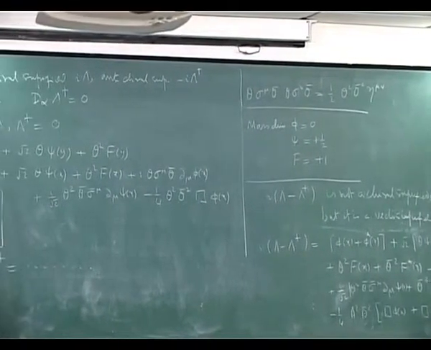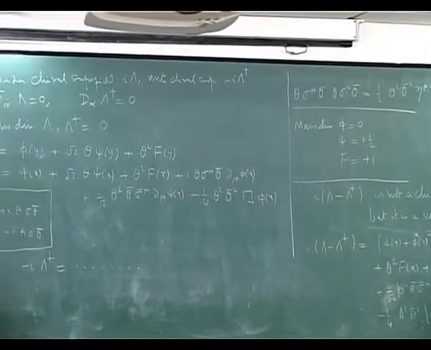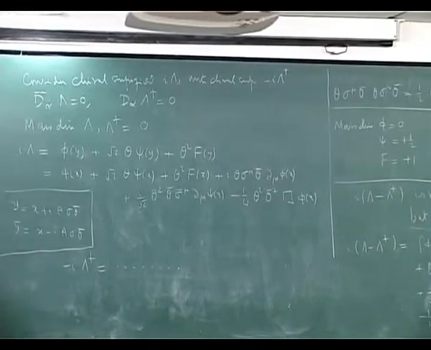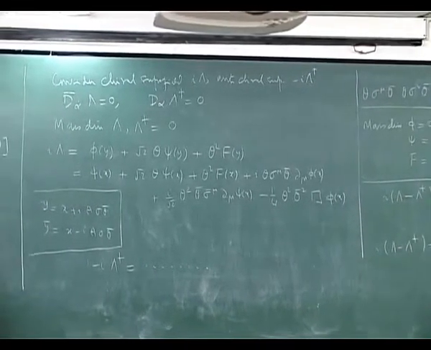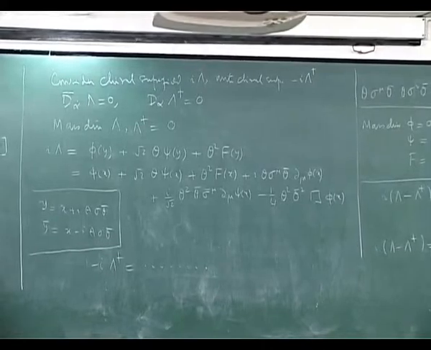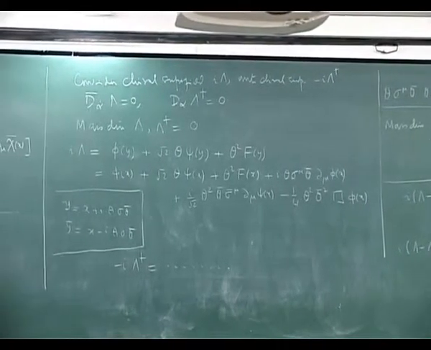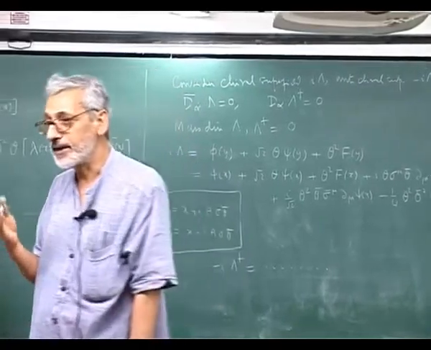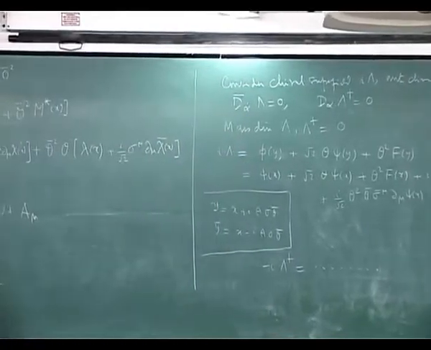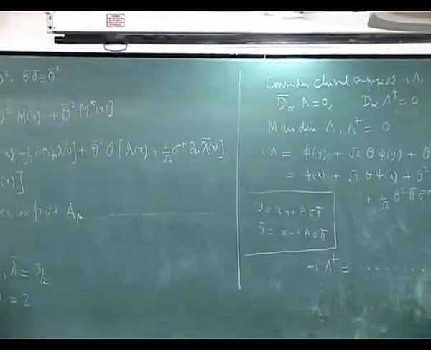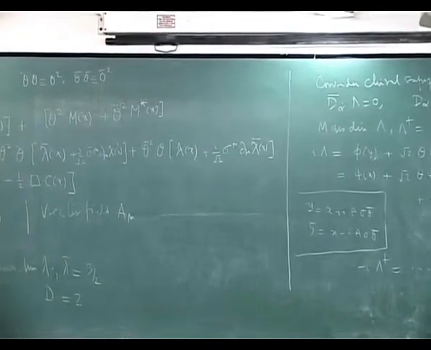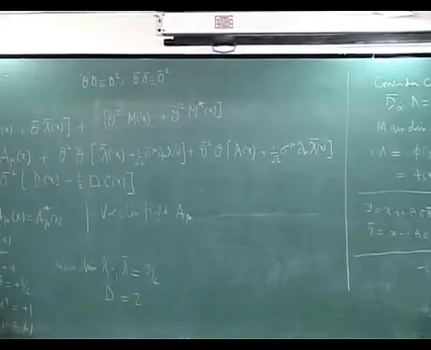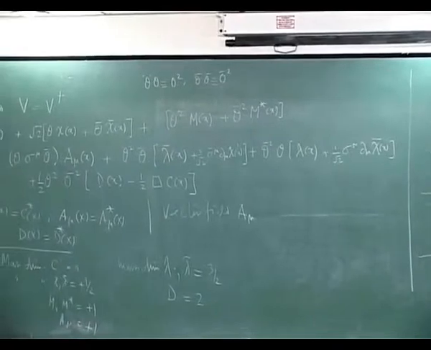Is that clear? The reason for constructing this special vector field i lambda minus lambda dagger was precisely to unravel how one would implement a gauge transformation on superfields, given how gauge transformation acts on vector fields.